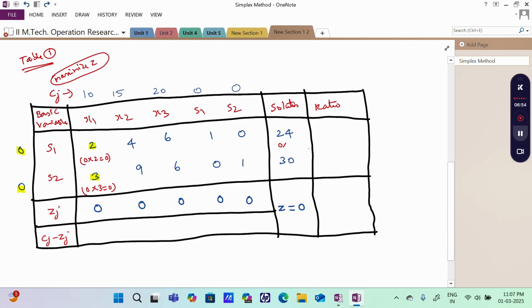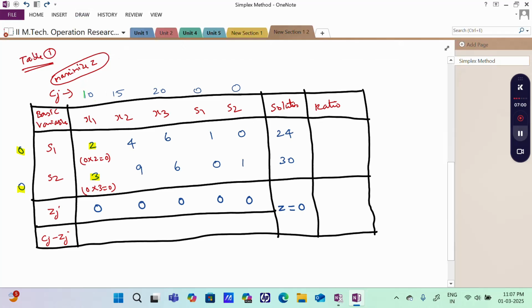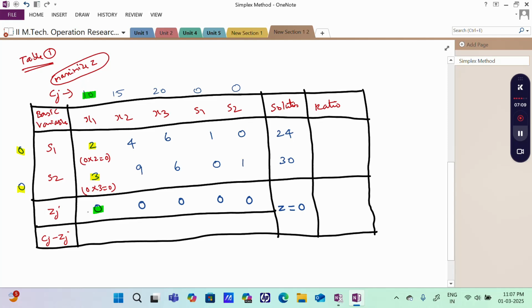Now Cj minus Zj. This is our Cj; we subtract the two values. Cj minus Zj is 10 minus 0, 10; 15 minus 0, 15; 20; 0; 0.